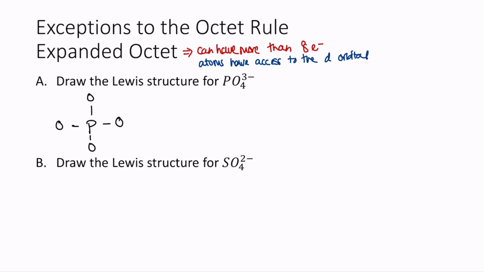And then we have 4 oxygens that each have 6. And then we have 3 more electrons because of the 3 minus charge. So this is going to be 32 valence electrons.